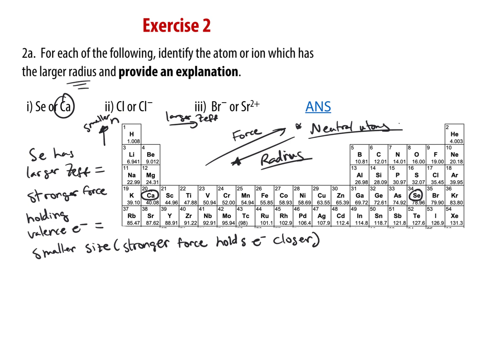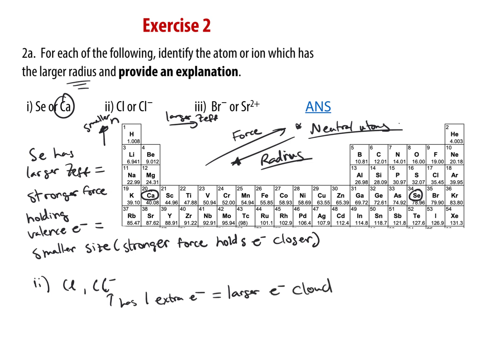Now for Cl versus Cl-, we don't have any difference in atom here, but we think about the difference between those. Cl- has 1 extra electron. Remember, the size of the atom is governed by how big the electron cloud is, so 1 extra electron equals a larger electron cloud, right?